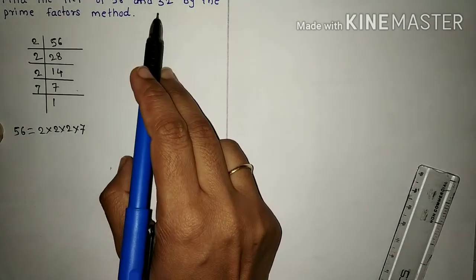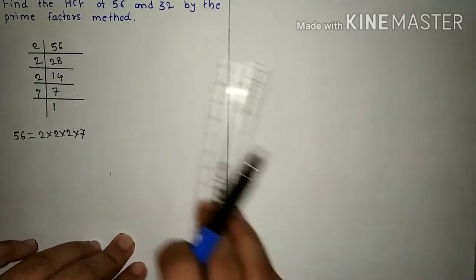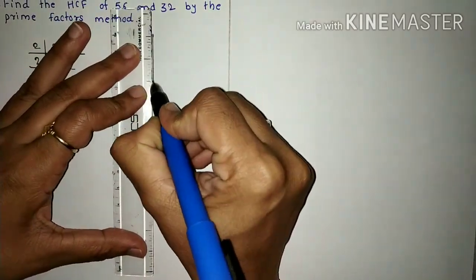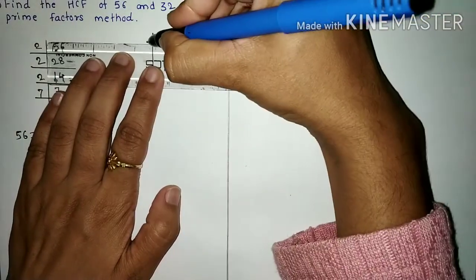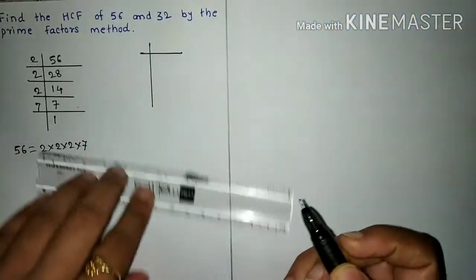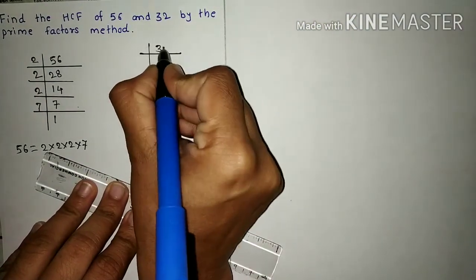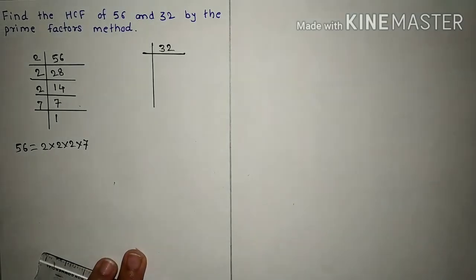Now we find prime factors of 32. So by vertical arrangement we find the prime factors of 32. So here write down 32. Now 32 is divisible by 2.